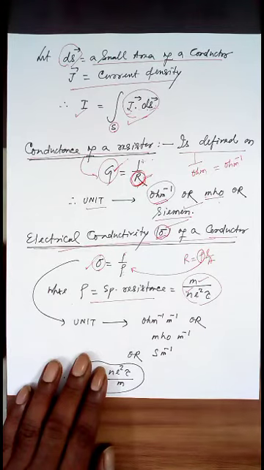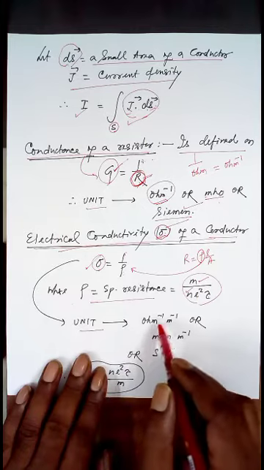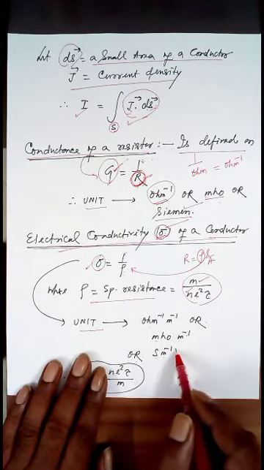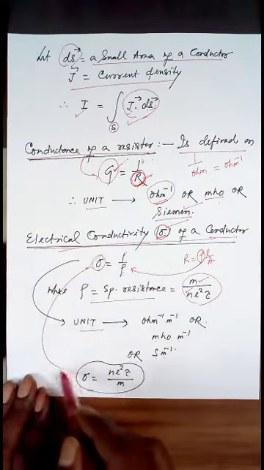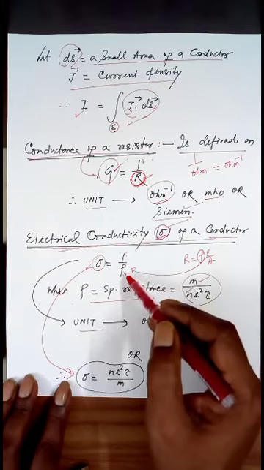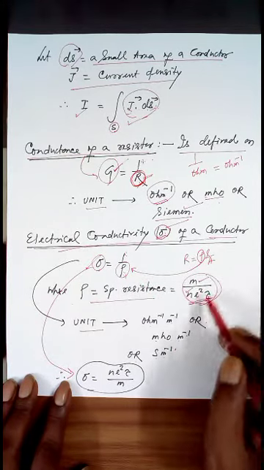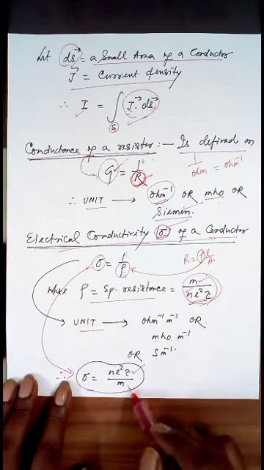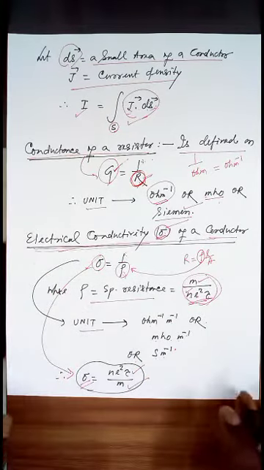Its unit is ohm inverse meter inverse, or mho per meter, or Siemen per meter. Sigma is the reciprocal of rho, so n e square tau comes to the numerator and m to the denominator. So sigma, the electrical conductivity, is n e square tau over m.